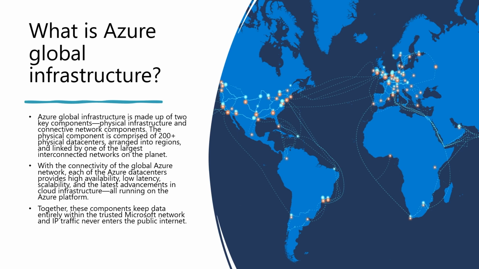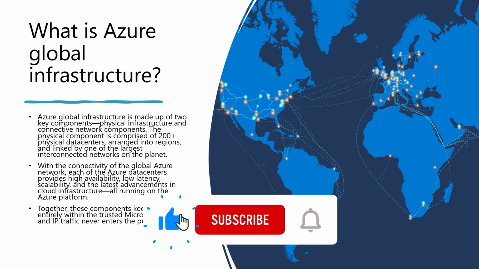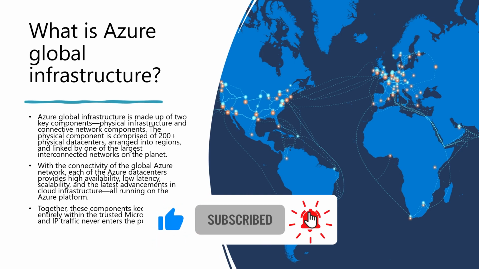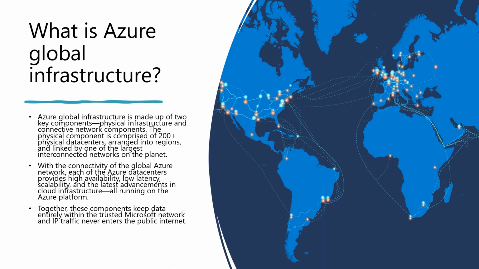There are 200 plus physical data centers arranged into different regions and linked by interconnected networks across the planet. With this connectivity, each Azure data center provides high availability, low latency, scalability, and the latest advancements in cloud infrastructure.